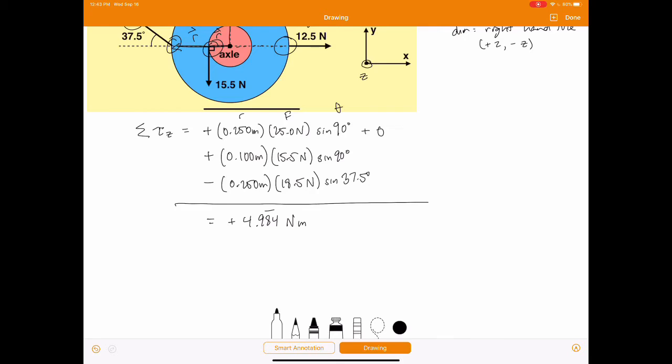Keep 3 sig figs on that. So the net torque is equal to positive 4.98 newton meters k hat. So the net torque, in other words, is out of the page, which is the plus z direction. So that's how you do that.